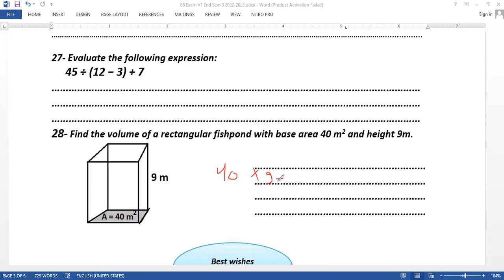When we have a 0, we ignore the 0. 4 times 9, 36. And we put the 0, 360 meters cubed, because it's volume, so the unit is cubed. Don't forget the unit, cubed.